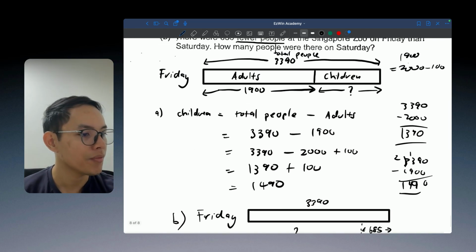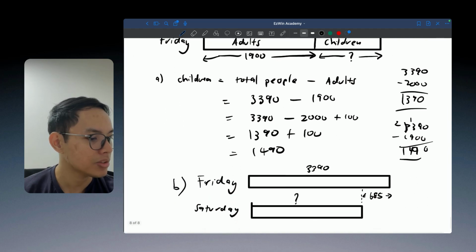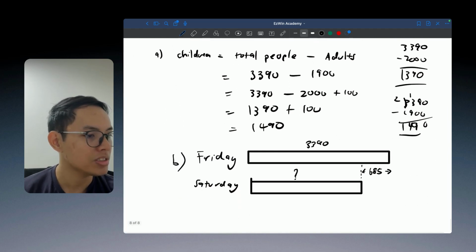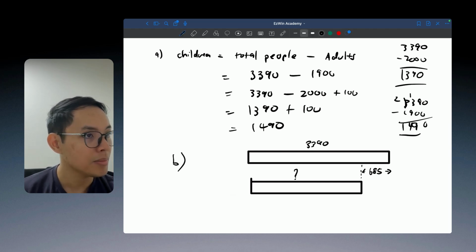There were fewer people on Friday than Saturday. Whoops, this is the opposite. That means Saturday is bigger and Friday is smaller.